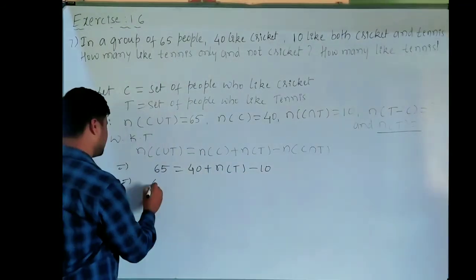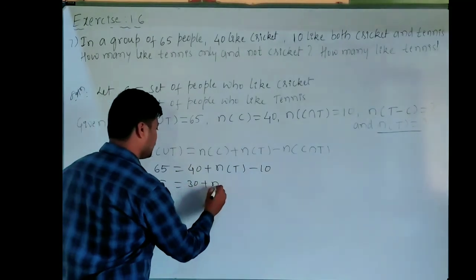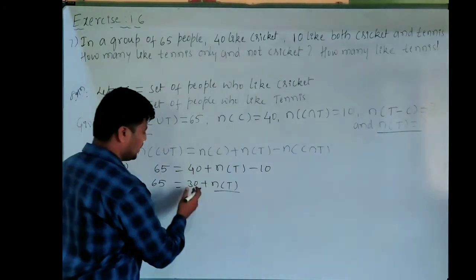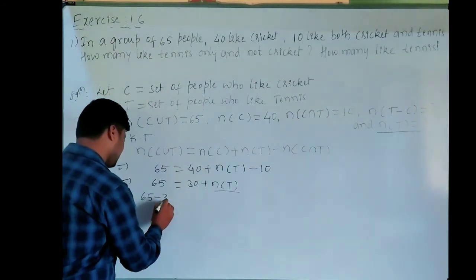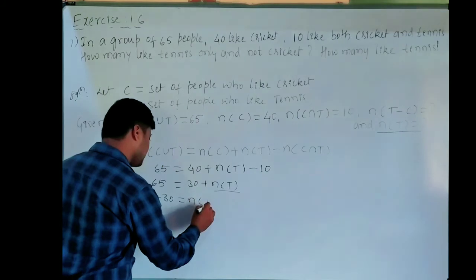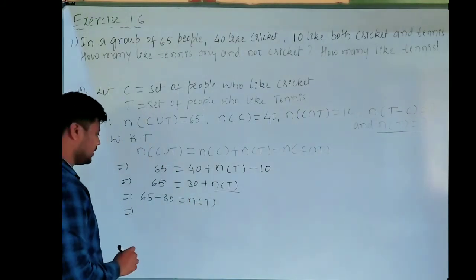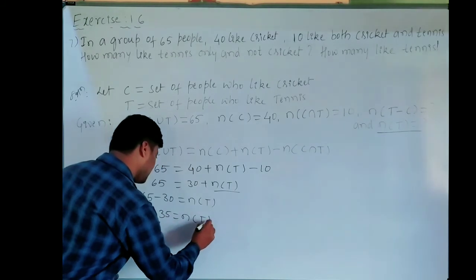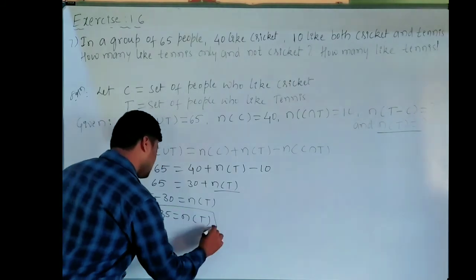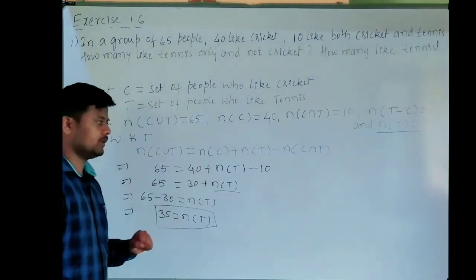So 65 equals 30 plus n of T. Transfer the 30 to this side: 65 minus 30 equals n of T. This is 35. So the number of people who like tennis equals 35.